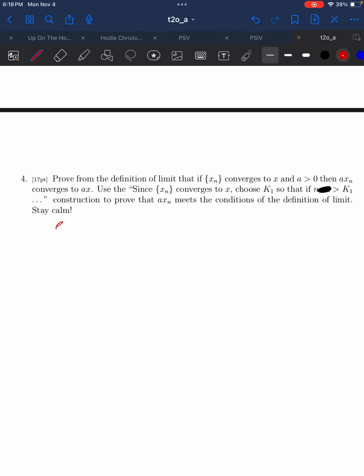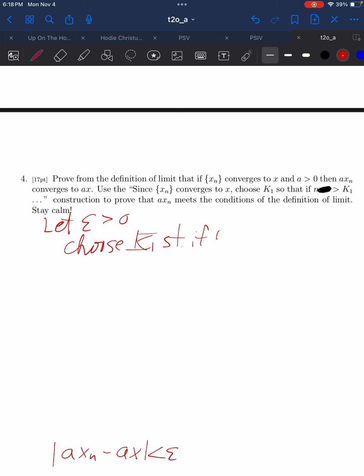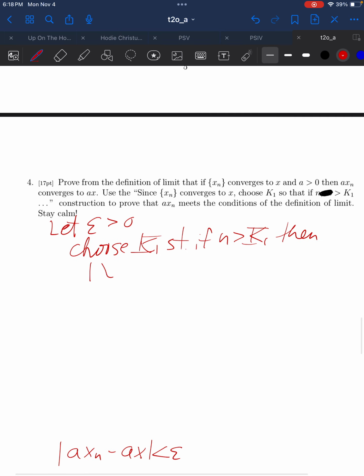Okay, so I'm going to set it up before I do any deep thinking. Let epsilon be greater than 0. We need this to be true. So we know, I'm going to write it like this, choose K1 so that if n is greater than K1, then absolute xn minus x is less than epsilon 1.